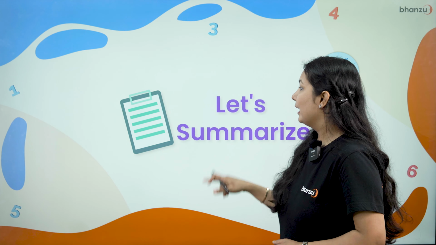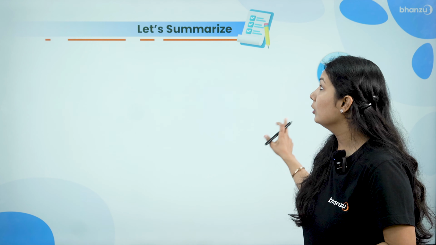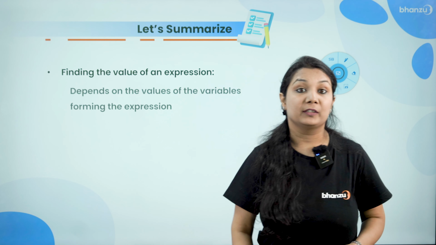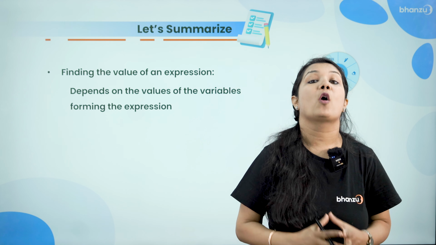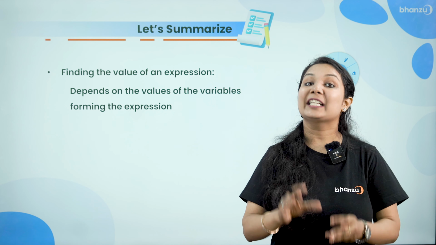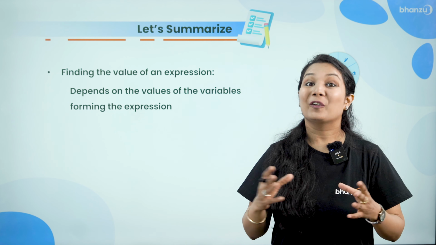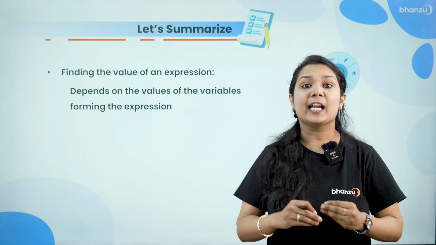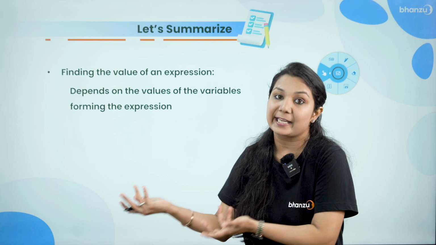Let's see what we have done in the session today. We have talked about how to find the value of the expression, and it mainly depends on the value of the variables forming the expression. Whenever you have one variable in the expression, substitute the value of that one variable to get the value of the expression. But if there are two variables, you will substitute the value of both variables in the expression.